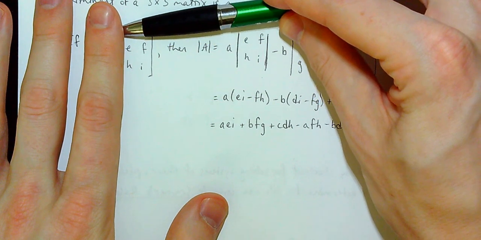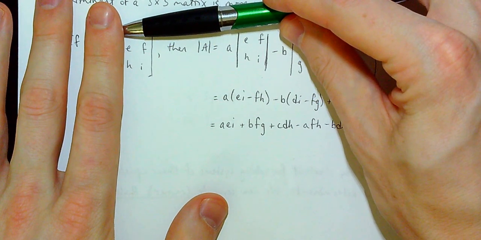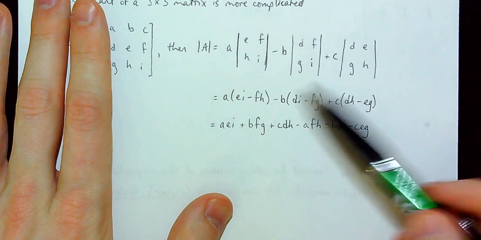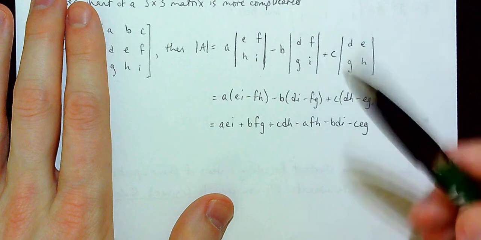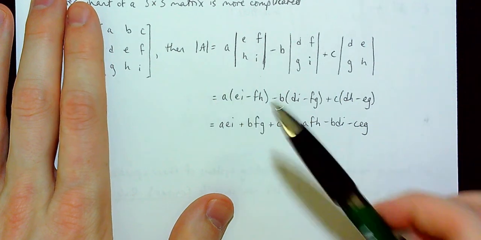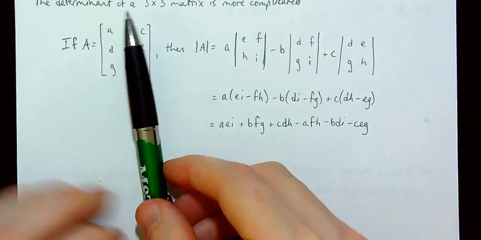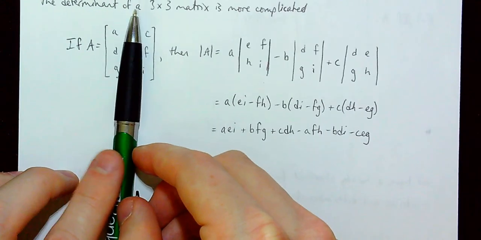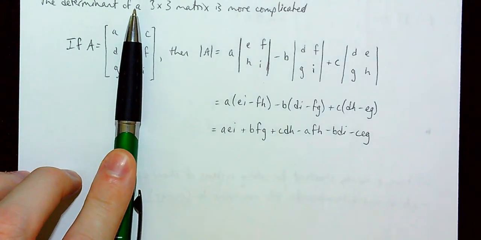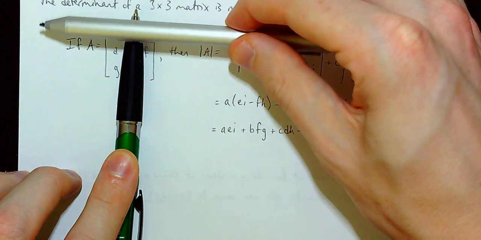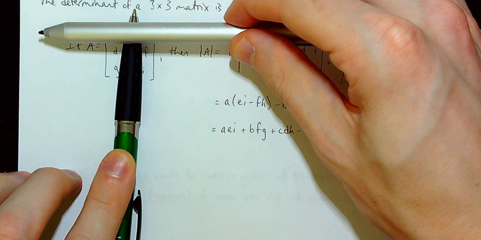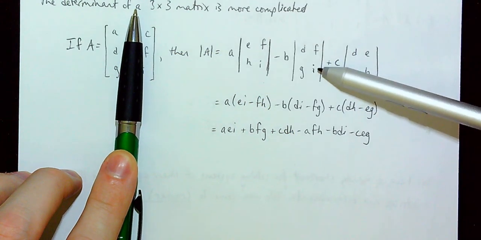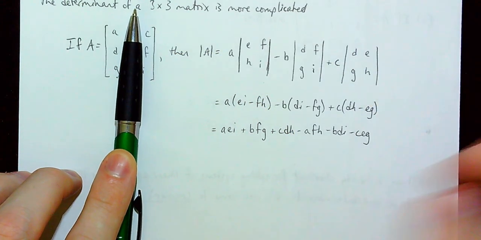I would be left with E, F, H, I. Here I have minus B times D, F, G, I. If I were to remove the row and column that contained that element B, then I would be left with D, F, G, I, which is exactly that 2 by 2 matrix that I have there.